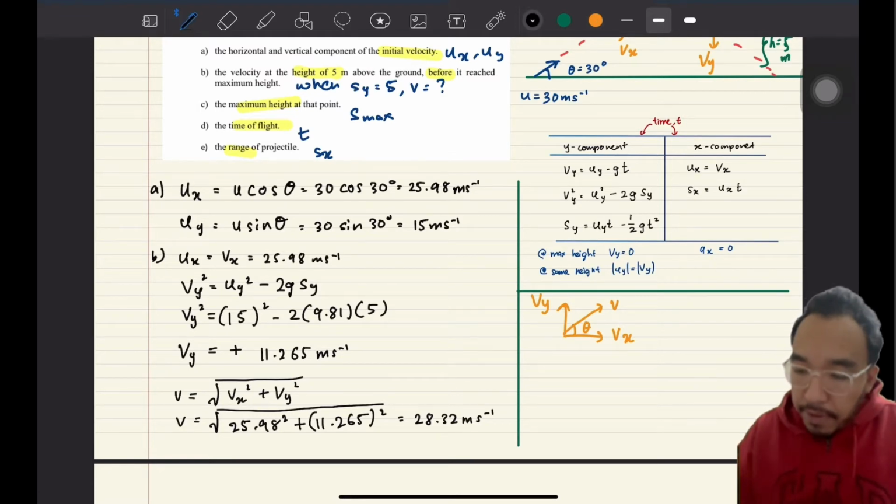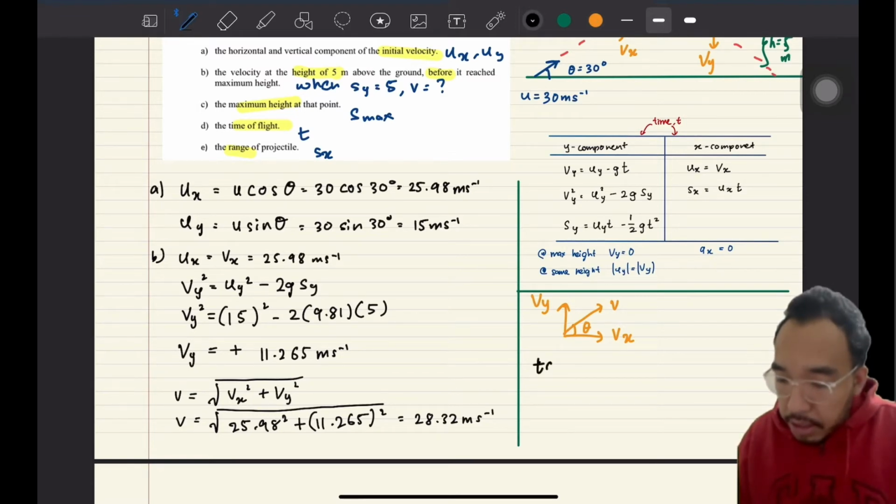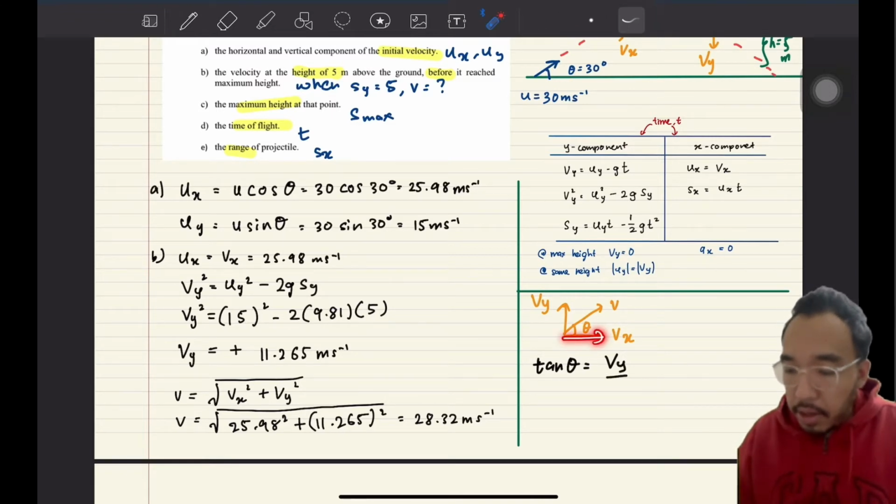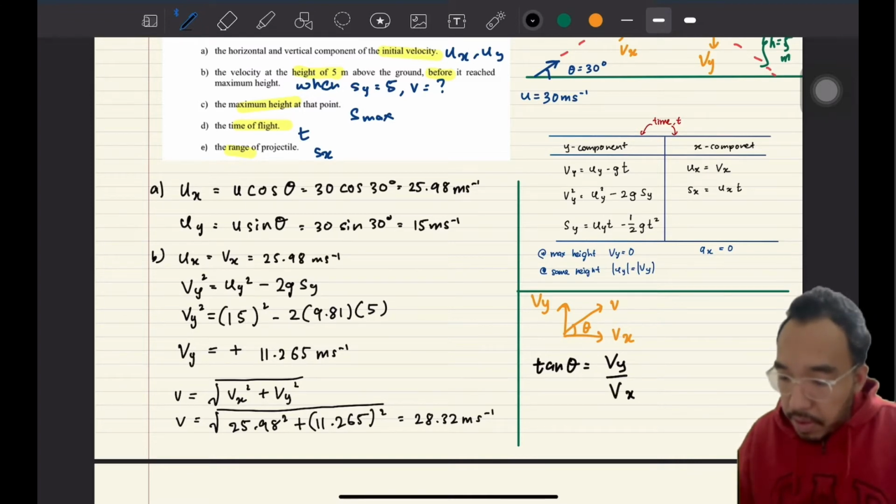If you want to find the theta, you can use tangent. Theta is always y over x if you use the angle towards the x component. So your Vy is 25.